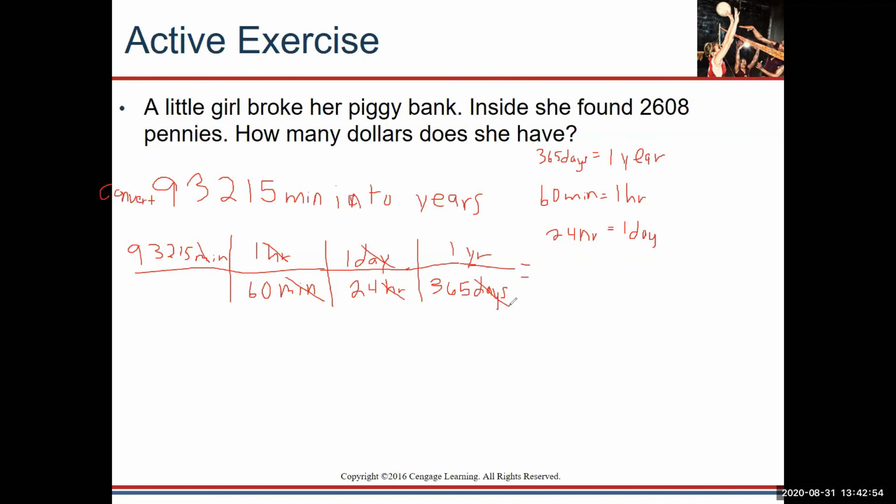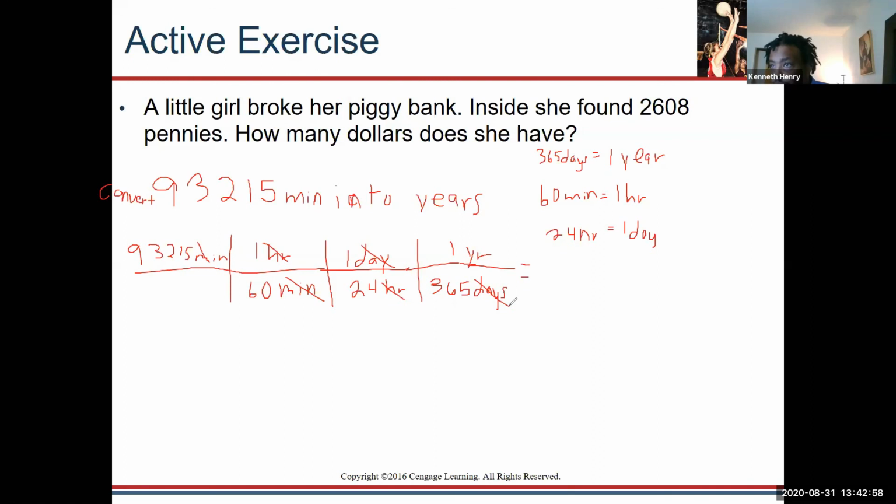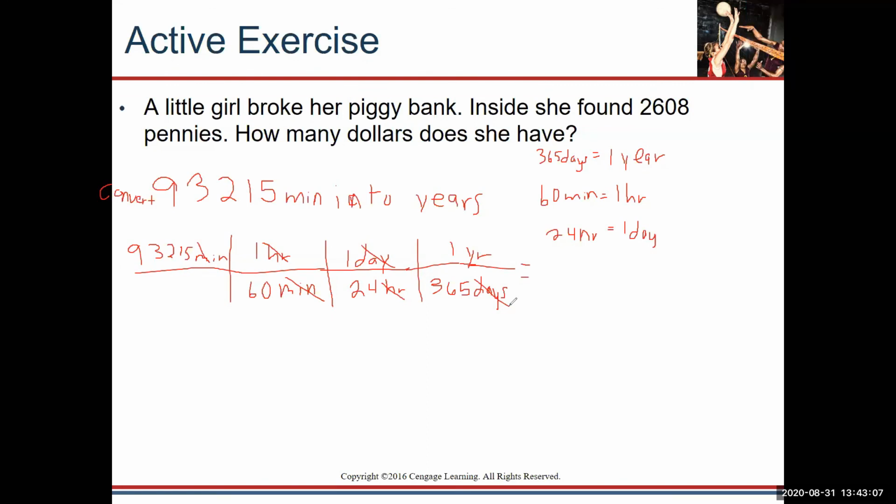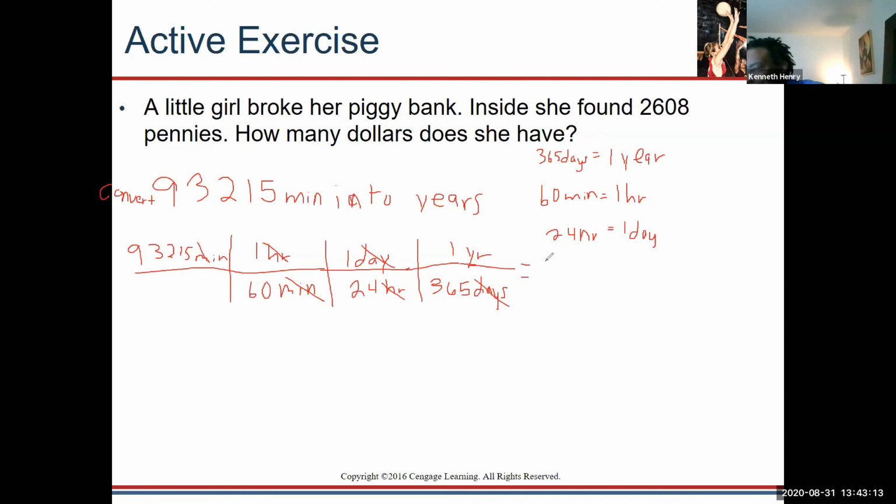Then wouldn't we just multiply? Okay, so we multiply across, and then divide by the numbers at the bottom. So what do you get? Math isn't my strong suit, so give me a second.